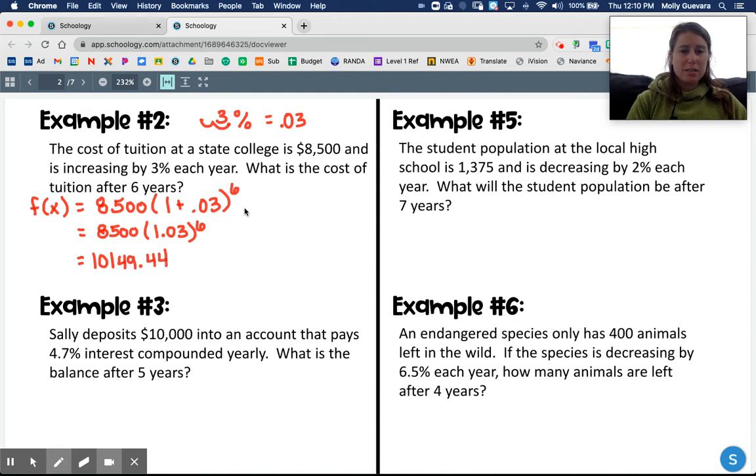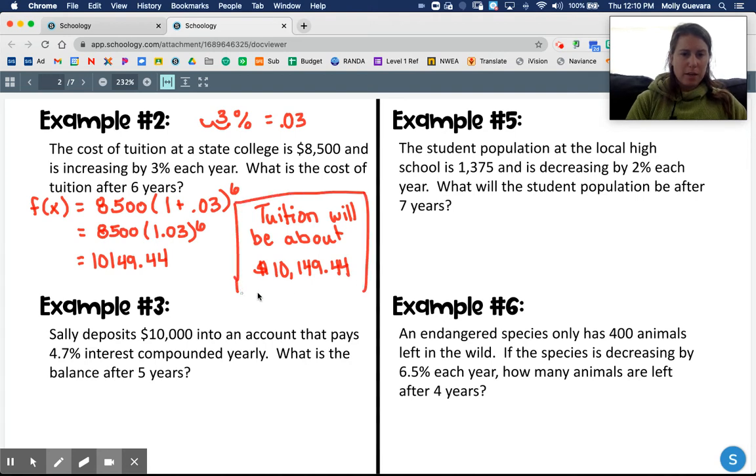Because this is a word problem, we have to answer it in a sentence. So I can say tuition will be about, because it's not exact, $10,149.44. And there's my answer.